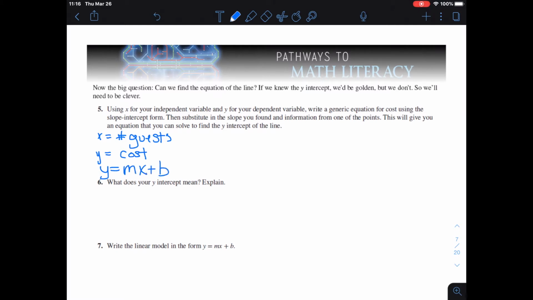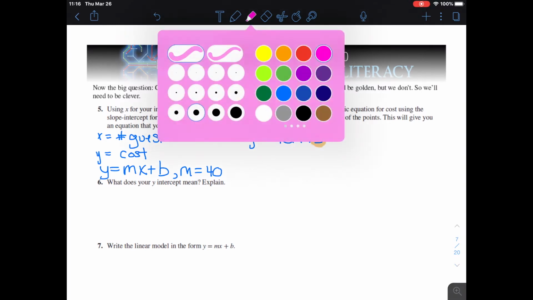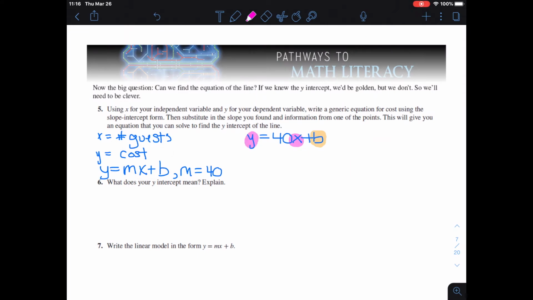But we figured out what m is already. We know m is equal to 40. So we have y equals 40x plus b. This value of b is our only unknown. The x and y are going to stay as variables because those are constantly changing. But that fixed cost isn't going to. So what we're going to use is we know one of the points that has to be on this line.